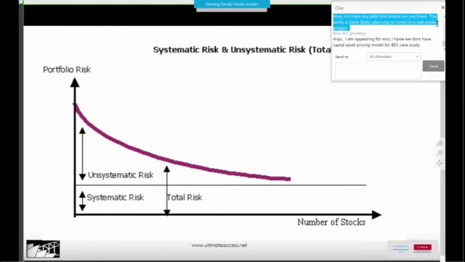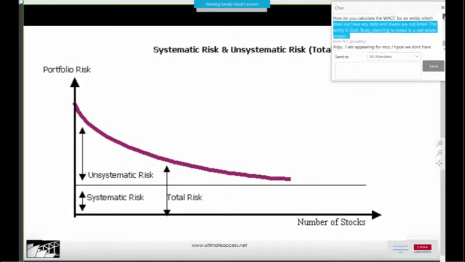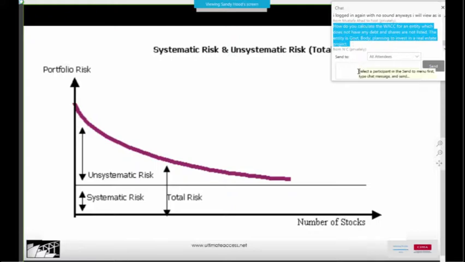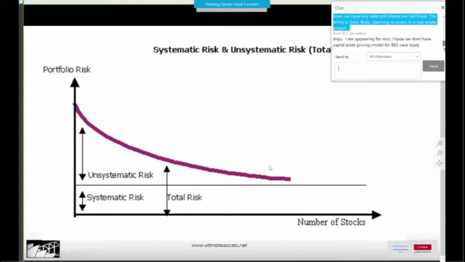And what we've got on the slide that's showing at the moment is a diagram that can show you the total level of portfolio risk as somebody would increase the number of stocks that they would be holding. So as I go along the x-axis, from the origin towards the point of the arrow, you can see that the risk is falling.